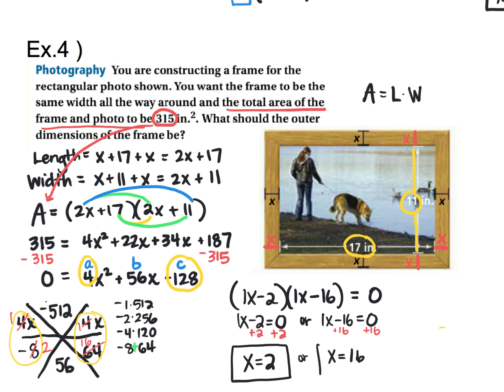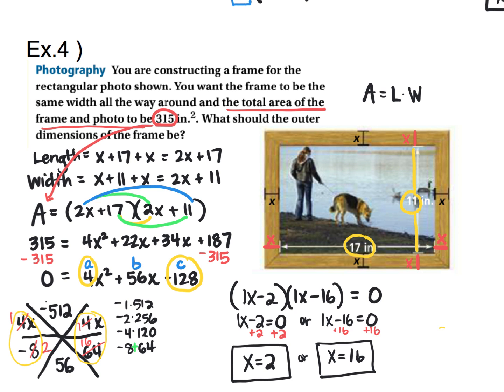Now remember, in this word problem, it's one or the other. One of these answers makes sense, and one of them doesn't. Now x stands for the edge of the frame all the way around. X is not very big compared to the whole frame, which is 17 inches by 11 inches for the picture.